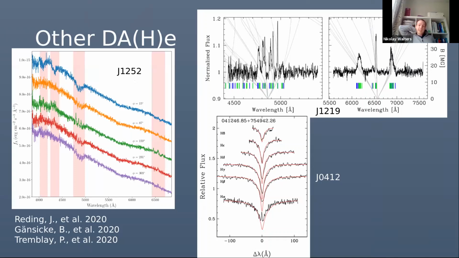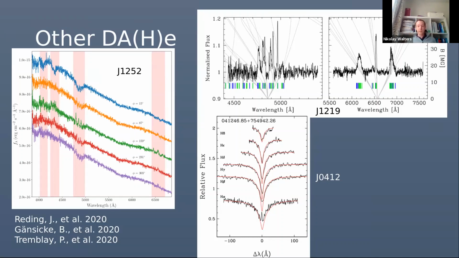While analyzing this data, 3 further isolated white dwarfs with similar emission behavior were identified. And these are J1252 on the left by Redding et al., J1219 on the top right by Gansiki et al., and J0412 on the bottom right by Tremblay et al., all reported in 2020.